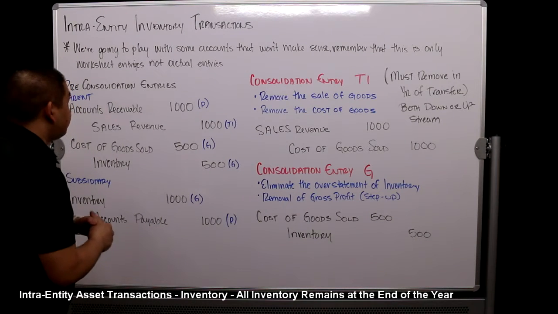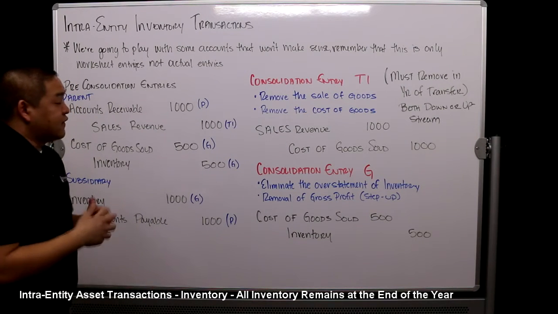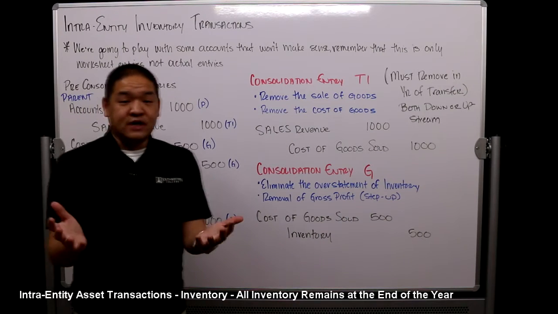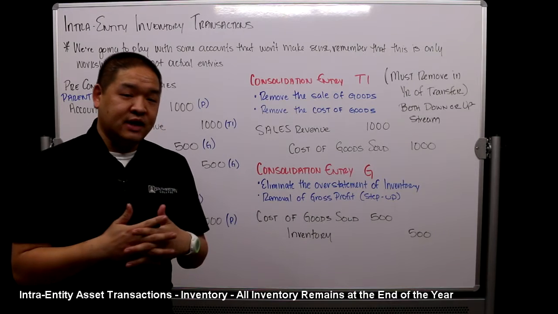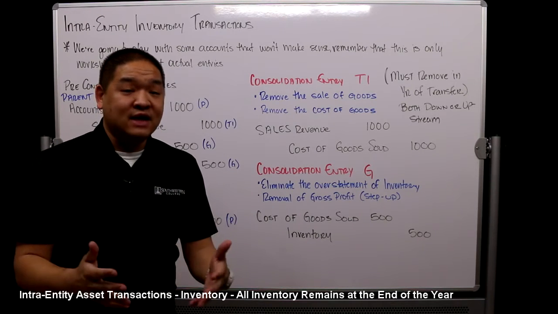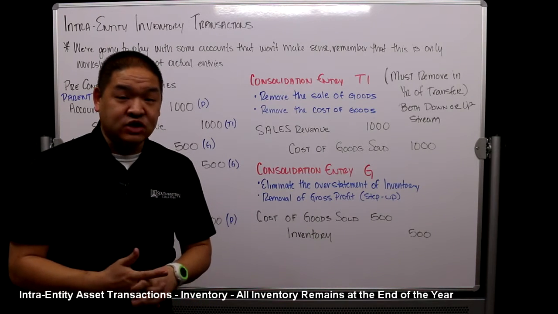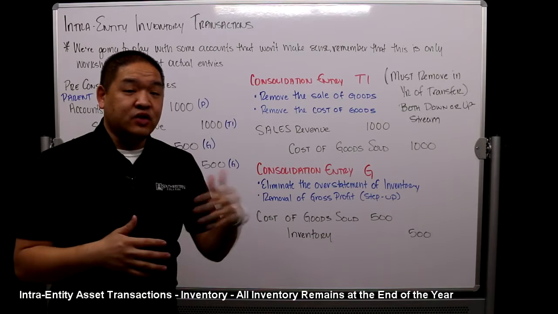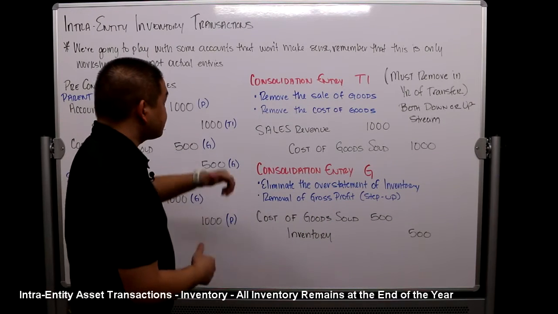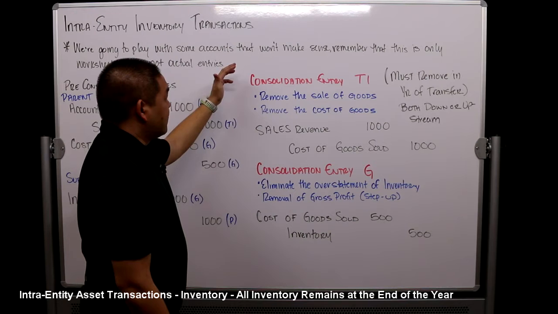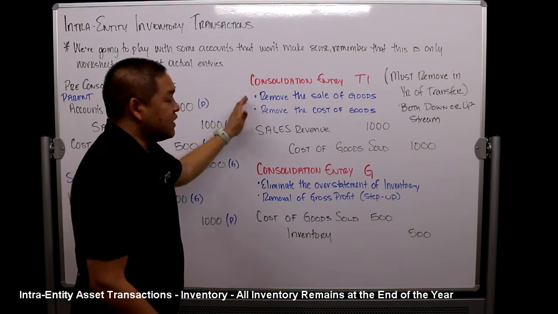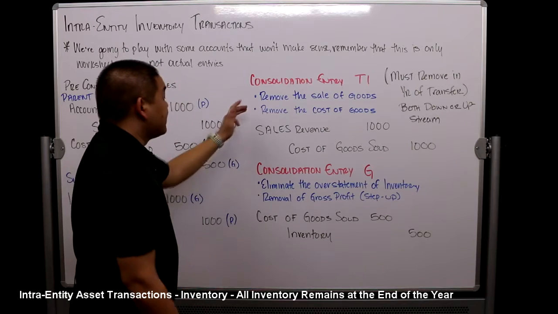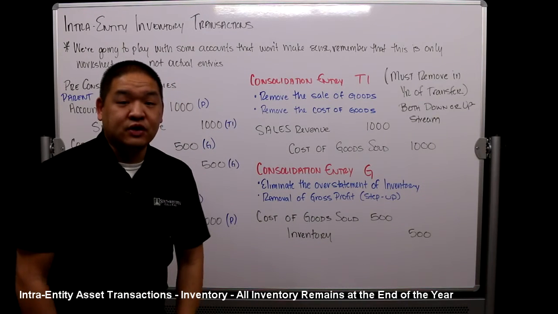Now, the first way that we're going to eliminate, and the first thing that you're going to do in all situations, is the Consolidation Entry TI. Okay, so Consolidation Entry TI you will do anytime there's an intra-entity transaction, regardless if the inventory has been sold or not. Okay, so the purpose of Consolidation Entry TI is to remove the sale of the goods and remove the cost of the goods sold.